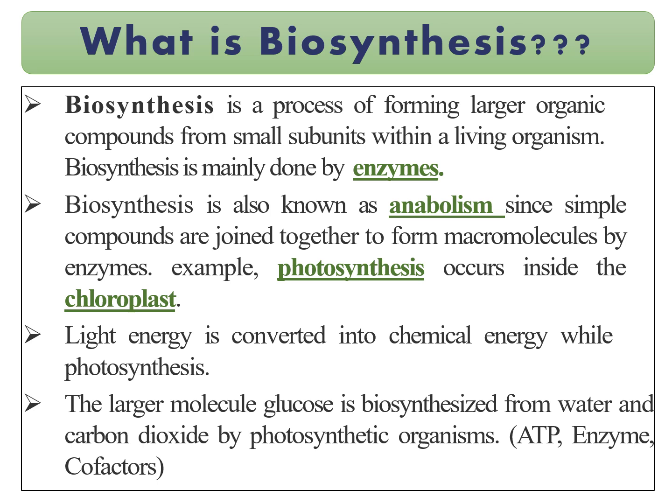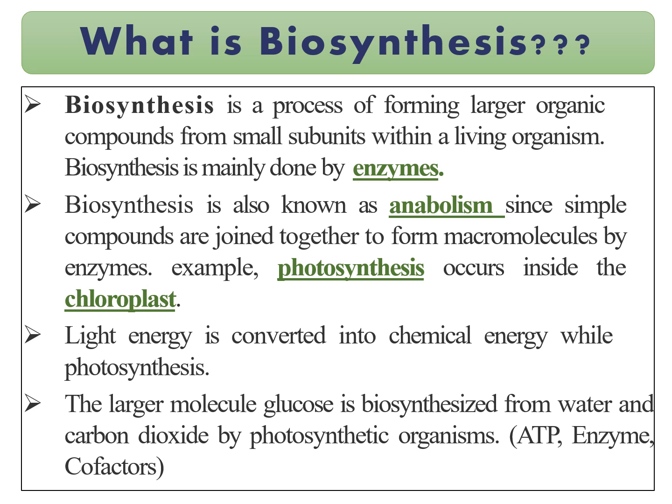Now, as I told you, biosynthesis is a process in which larger organic compounds are formed from smaller subunits, so it is also known as anabolism. Anabolism means that the smaller subunits, or macromolecules, are joined together with the help of enzymes to form a larger compound.